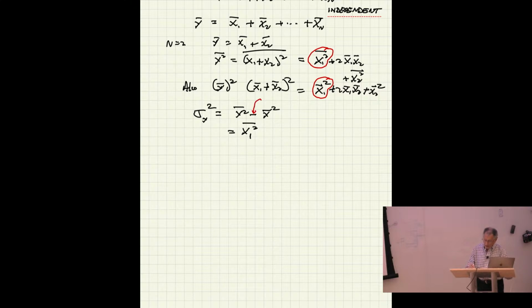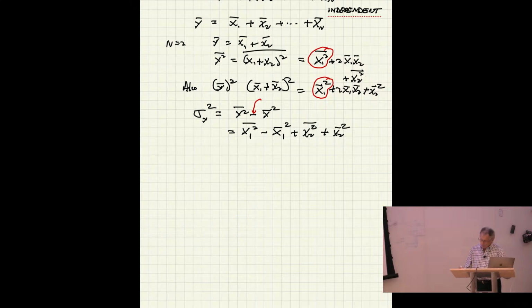So I'm going to have a minus x1 bar squared. Then I'm going to add in the second moment of x2, which I have, and subtract out its mean squared.